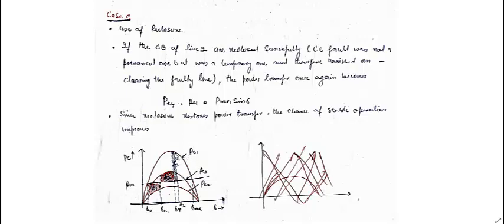Now you can see the decelerating area from this point to this point is between PE1 and PM, which is very large. The decelerating area is very large. Its stability has increased. So since reclosure restores the power transfer, the chance of stable operation improves.